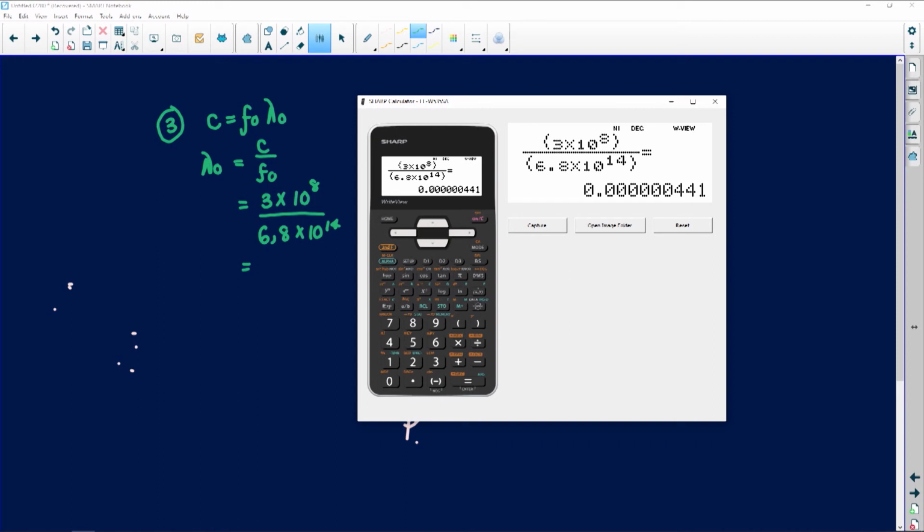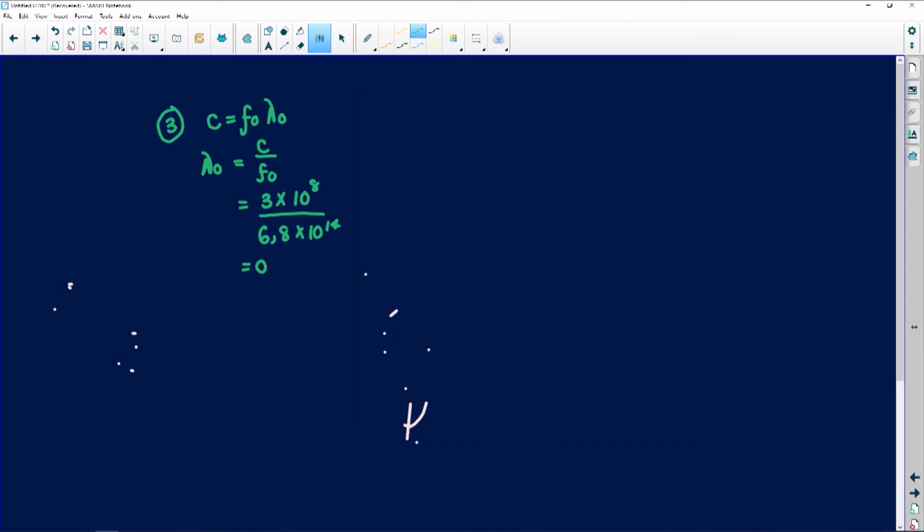I've got 6 zeros in front, and I'm going to move my comma 7 places. So that becomes 4.41 times 10 to the exponent negative 7. And remember, lambda is measured in meters.